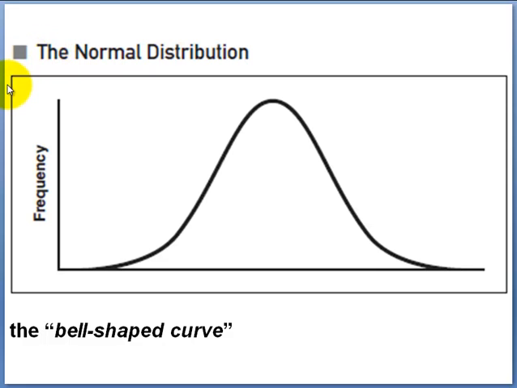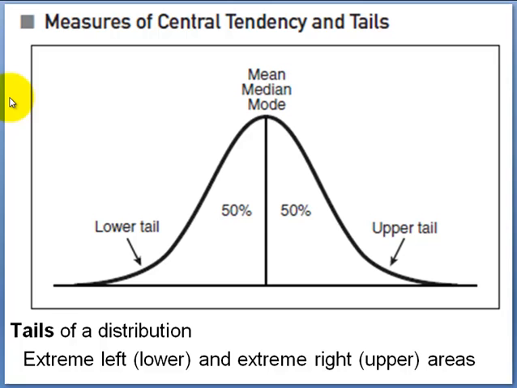Here is a slide conveying the normal distribution, also known as the bell-shaped curve. This next slide is conveying to you that the mean, the median, and the mode of the normal distribution all have the same value, and that value occurs, so to speak, right in the middle and at the high point of the frequency distribution curve.